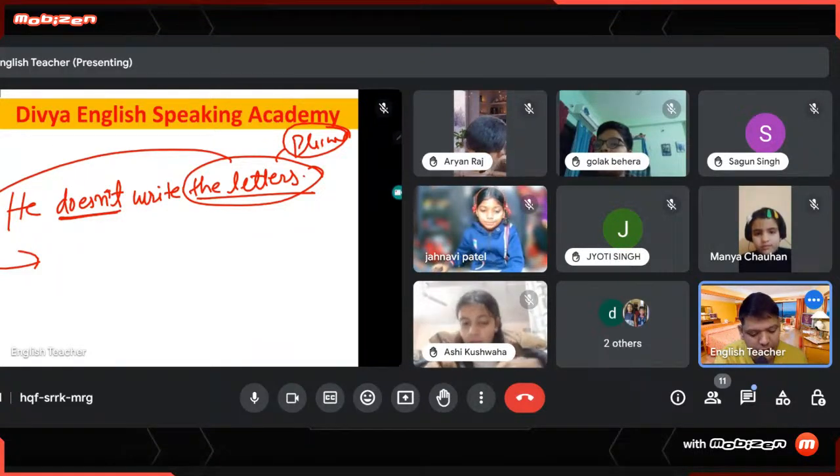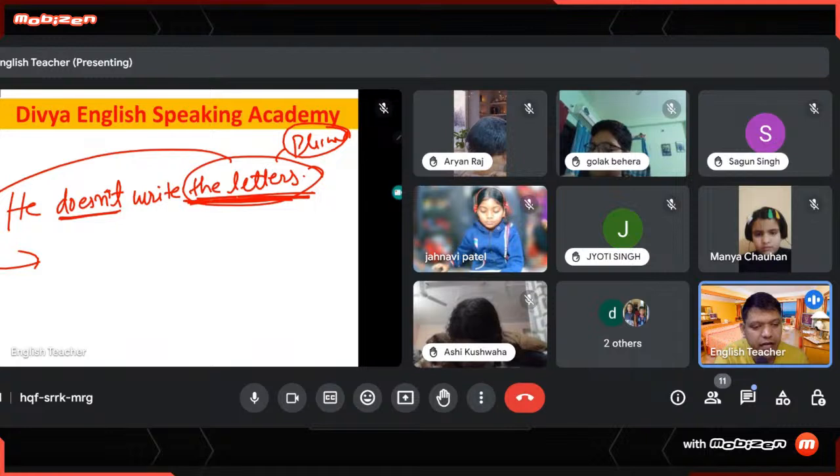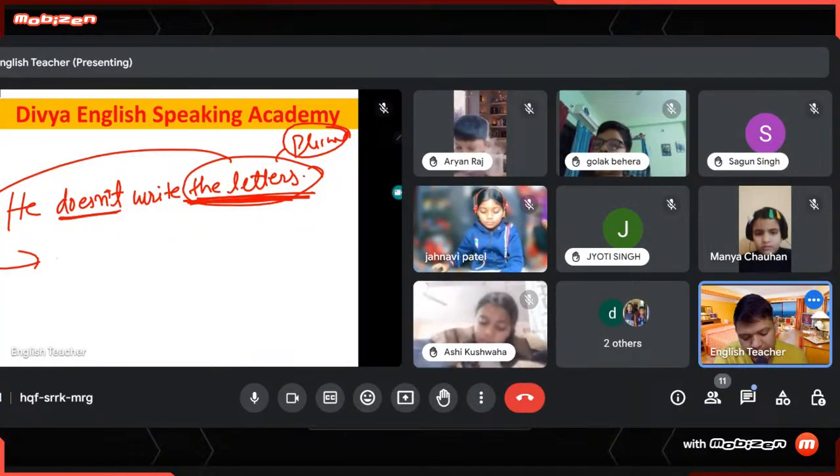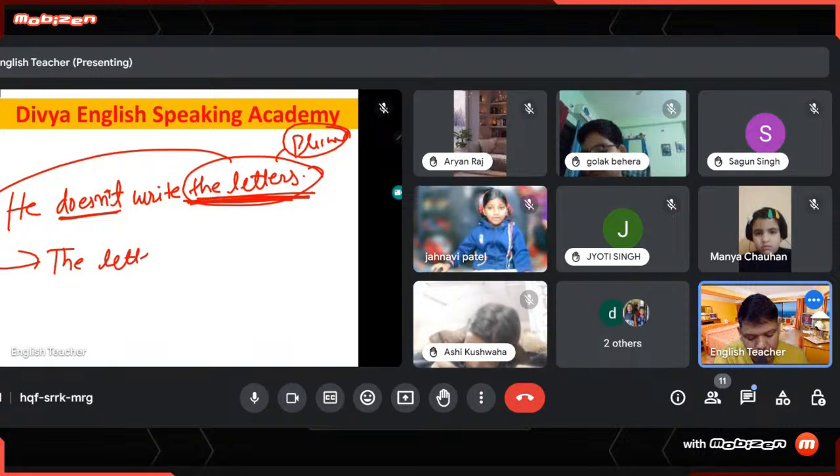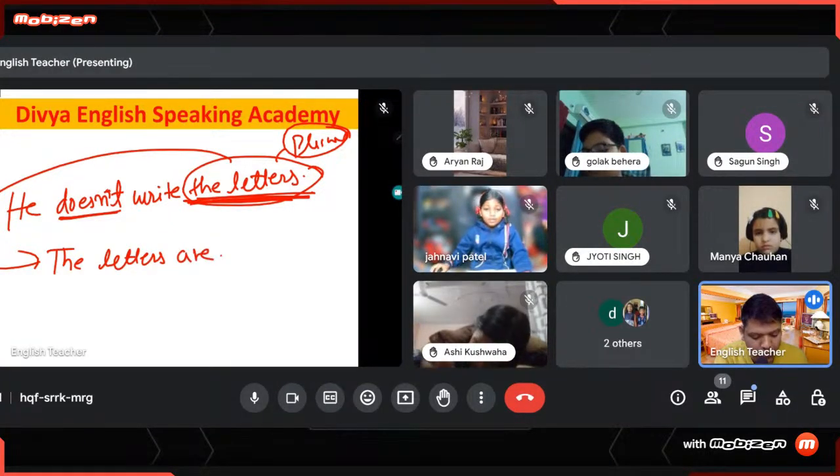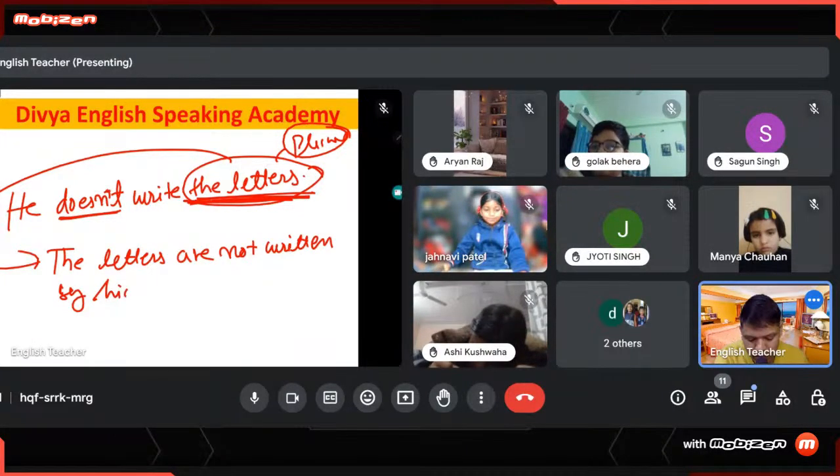But mostly we have to follow the object of the sentence. The letters are not written by him. He doesn't write the letters.